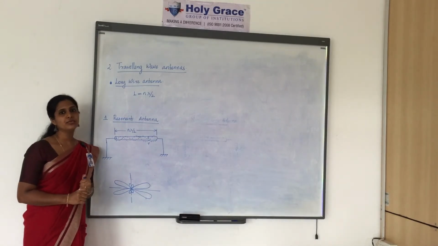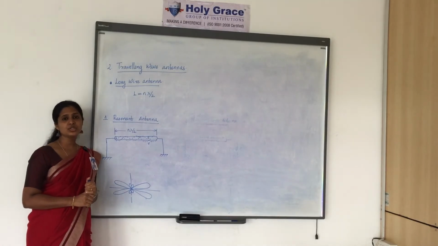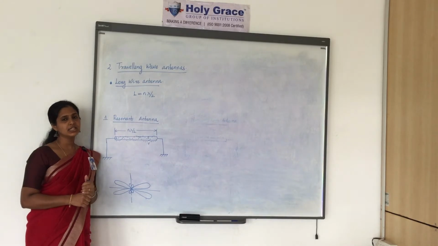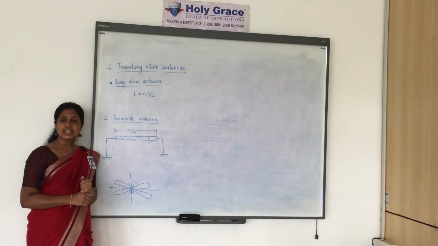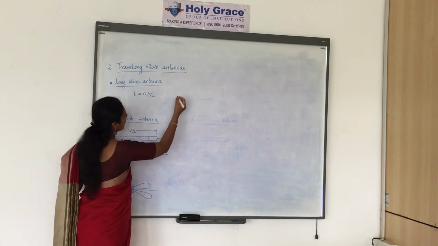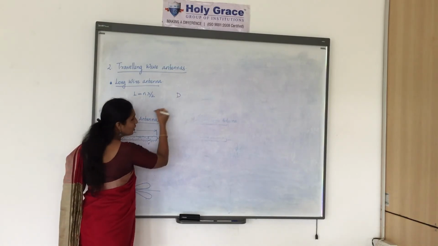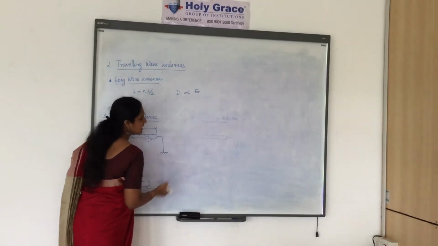In Module 2, we also discussed dipole antennas. The size of the dipole antenna is very small, so the radiation pattern is also very small. In the case of antennas, the first thing to keep in mind is that the dimension of the antenna is directly proportional to the radiation intensity.